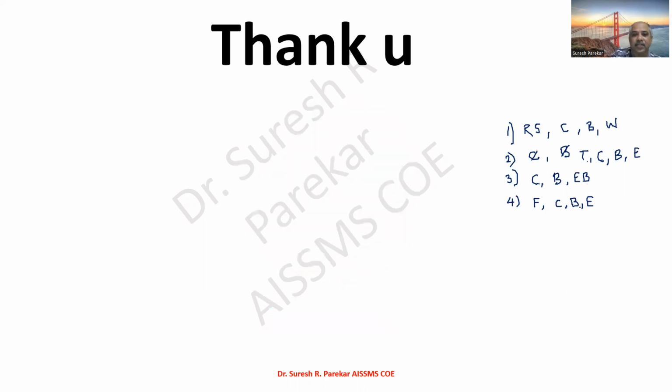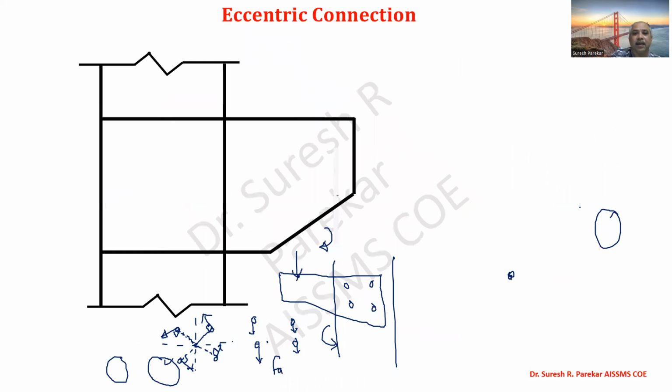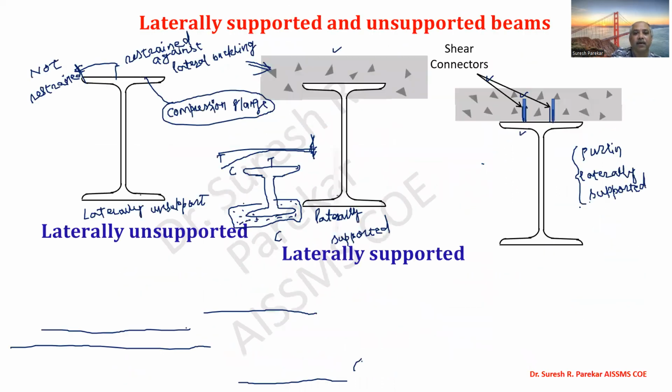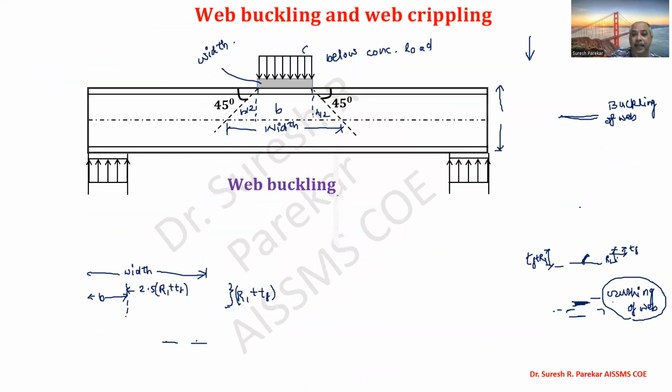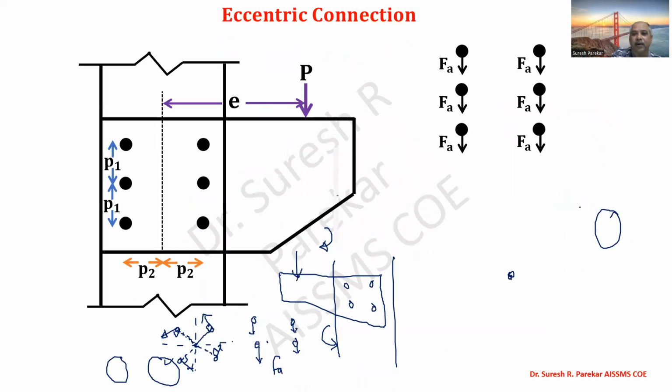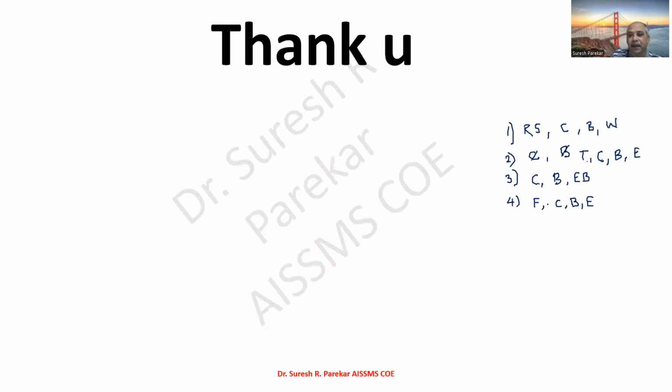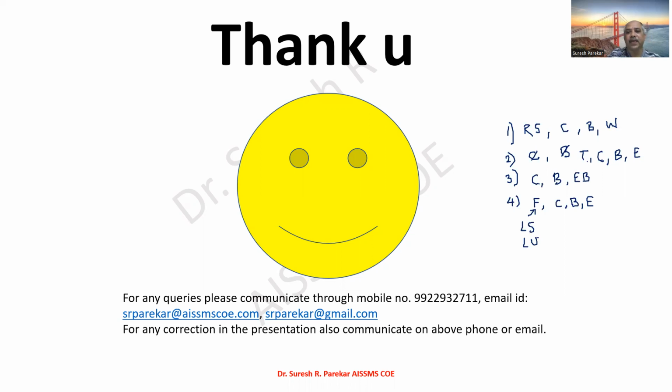So likewise, you have seen all these in your flexural member, that is the main. Again, one thing I have not mentioned: flexural members are laterally supported and laterally unsupported. So likewise we have all this.